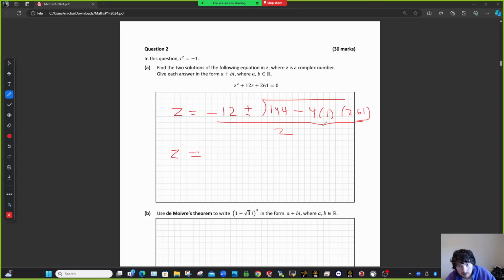If you type just the inside of the square root, minus 4 multiplied by 261, you get minus 900. The root of 900 is 30. So the way this works is minus 12 plus and minus 30i, because root minus 900 is 30i, over 2. So your answers are minus 6 plus and minus 15i. All done in a minute. Cool.